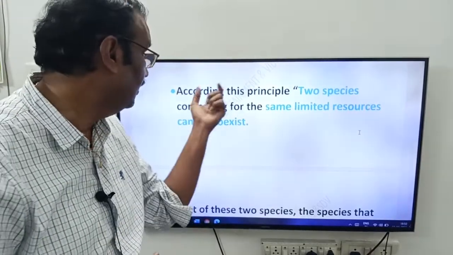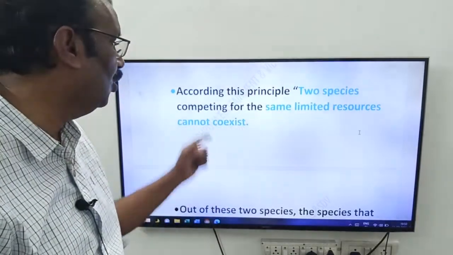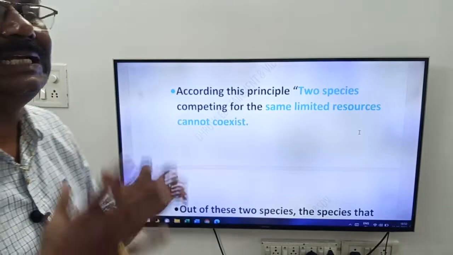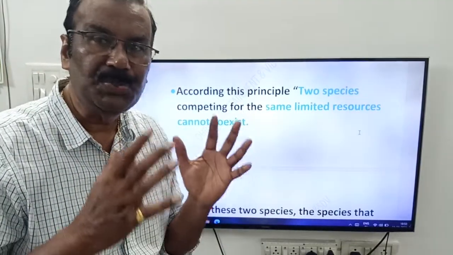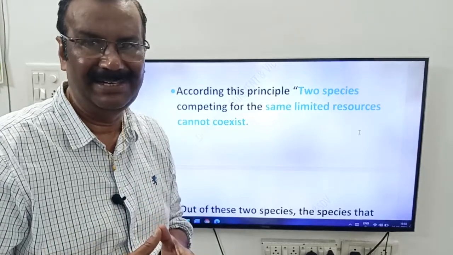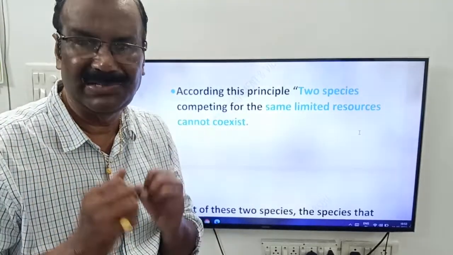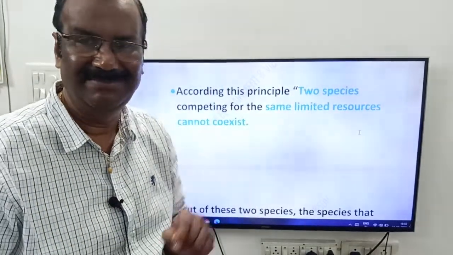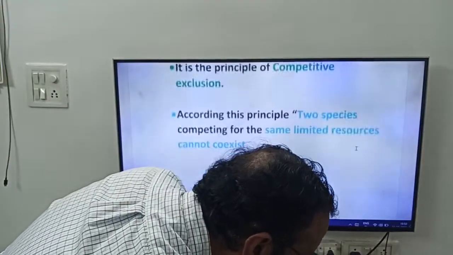So according to this principle, two species competing for the same limited resources cannot coexist. Out of these two, one must be eliminated, because that is competitive exclusion.